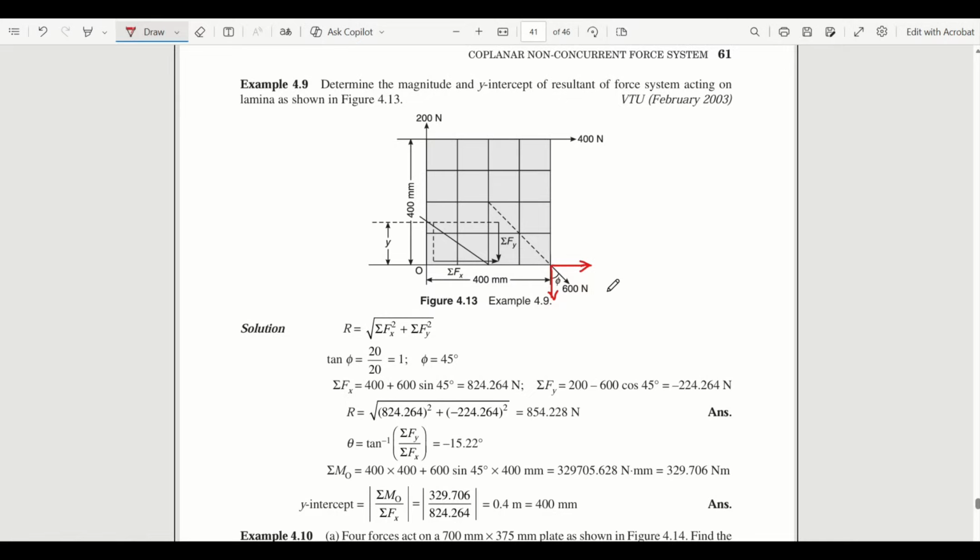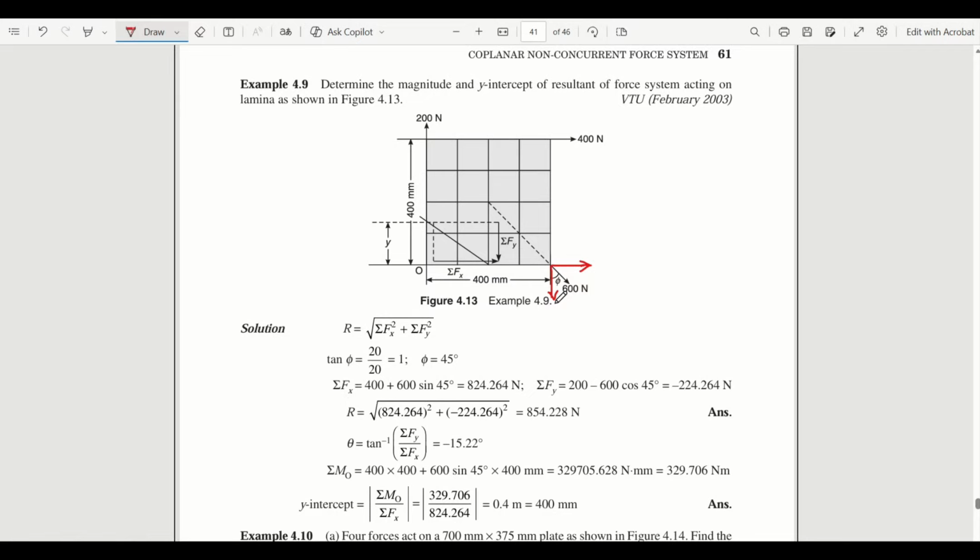Usually horizontal is cos and vertical is sine, but when the angle is with respect to the y-axis, then the angle's component comes as cos.